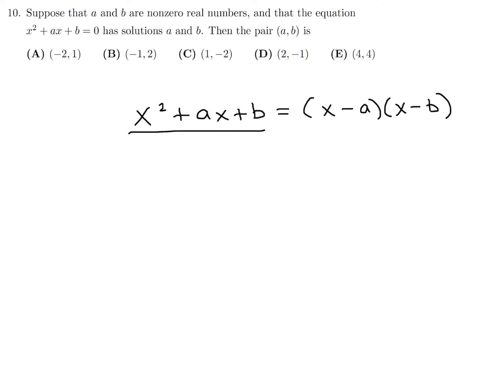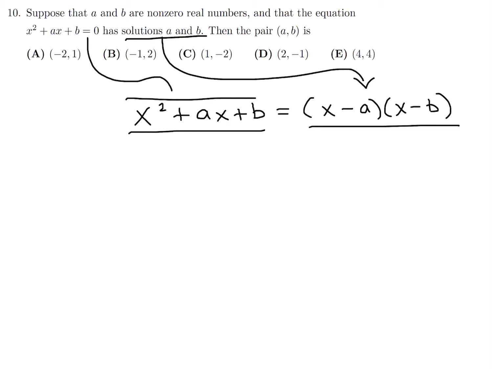I'm not factoring this. I'm just going by what they told me. Solutions. You understand what I mean by that? This information is what is here. This is just me copying that. Okay? But they're equal because the question tells you that they're equal, because these are the solutions.